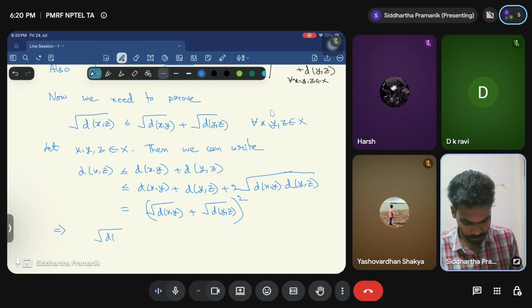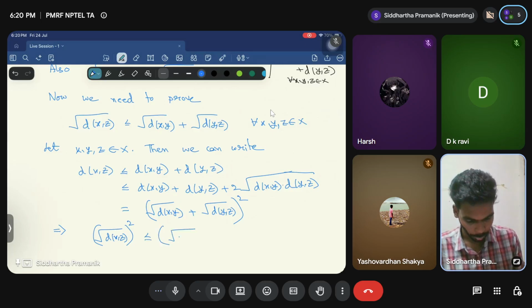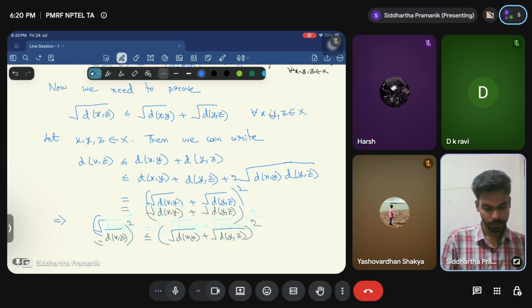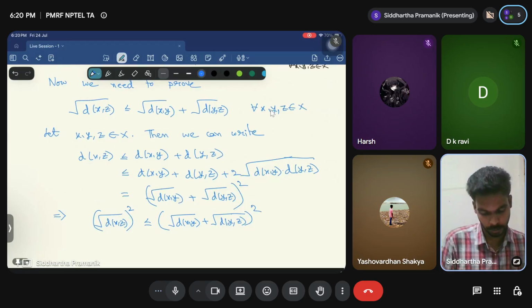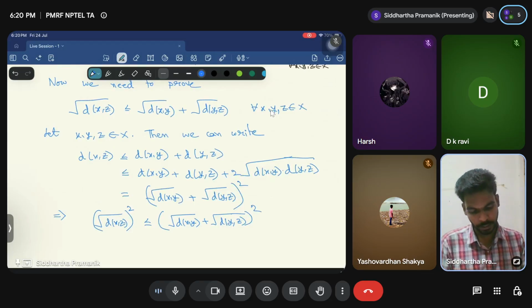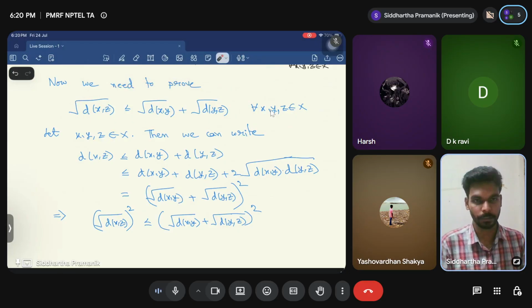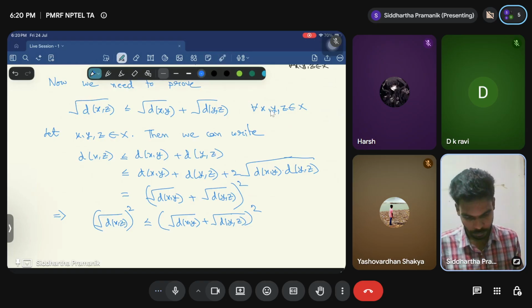So basically what we are getting is a square. The left hand side we can also rewrite as this one. So we are getting the square of this. So just take the square root.